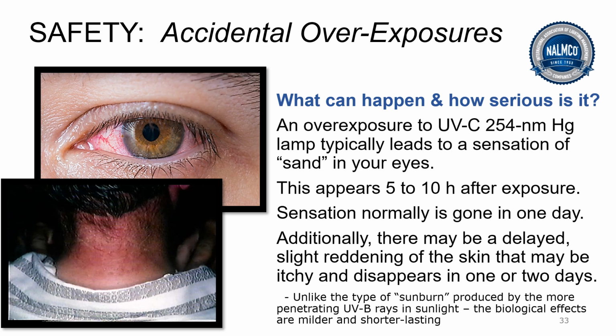Now, I mentioned that there can be some very unpleasant accidental injuries of the eyes and skin, mostly to the eyes, from overexposure to germicidal UV. The other thing that makes it difficult for people to appreciate is that the injury to the cornea surface of the eye doesn't appear immediately. It takes several hours.